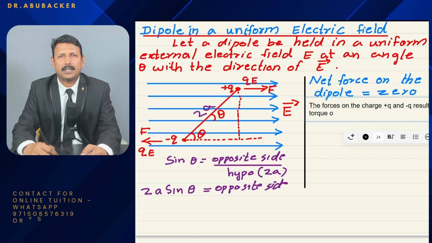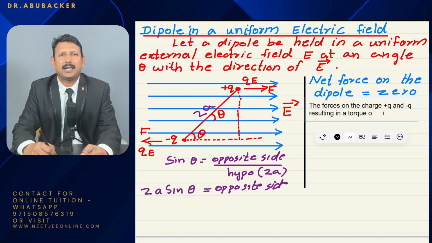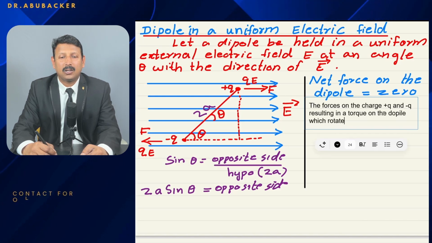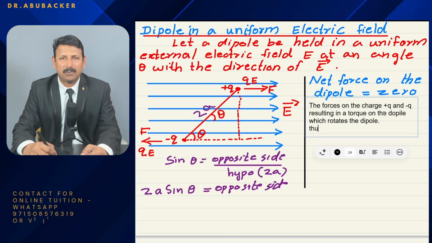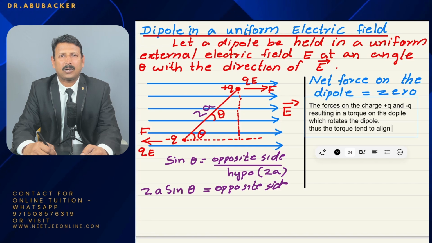First we write what the things to write are. The forces on the charges plus q and minus q result in a torque on the dipole. Because when there is a torque, definitely there will be a perpendicular force and a distance between the force applied and the axis of rotation.